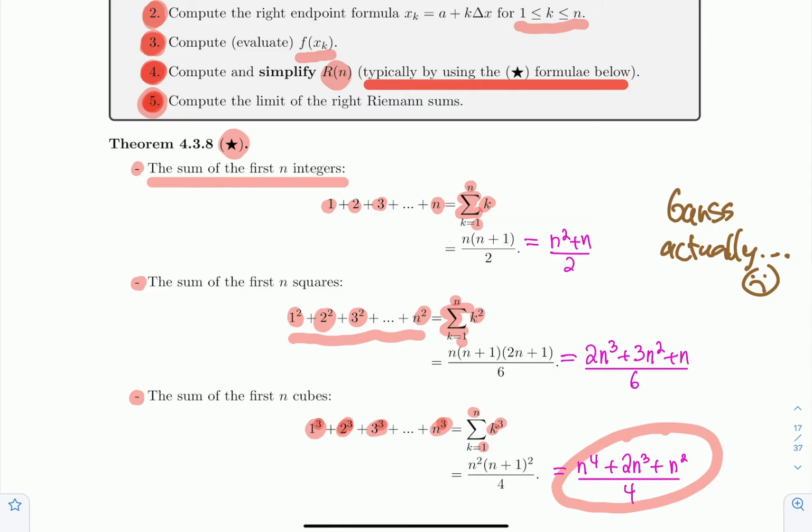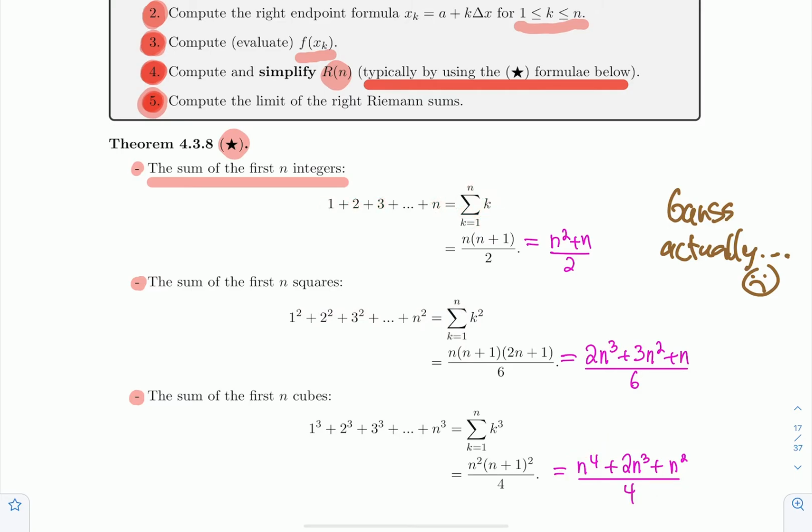Maybe you need to do a couple of examples with actual numbers. If you want to add 1 to the power 3 plus 2 to the power 3 plus 3 to the power 3, let's say all the way up to 10 to the power 3, you could do it using brute force by adding all those numbers together, or just by plugging 10 in that formula.